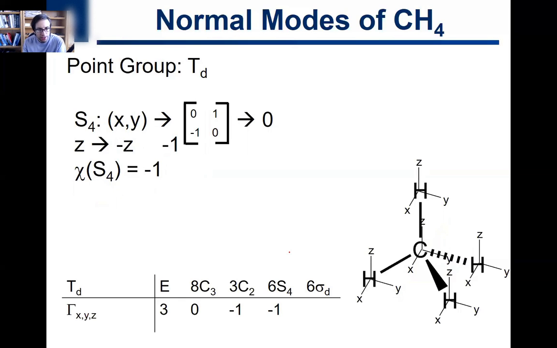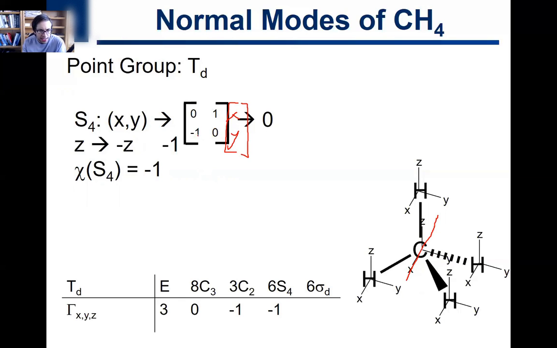S4 is, again, on the same axis as the C2. And so what's going to happen now, you're doing a 90-degree rotation. So x is going to go into y. That's what's shown here. Again, there's an implicit xy here.